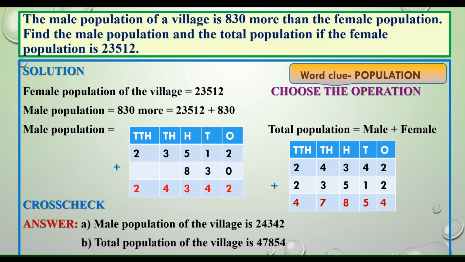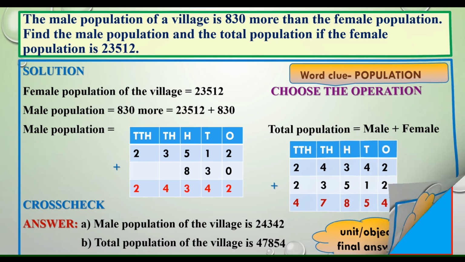And the next part of the answer is, total population of the village is 47,854. Now here the word or object which is used as unit will be population. So remember to write the word population in your final answer.